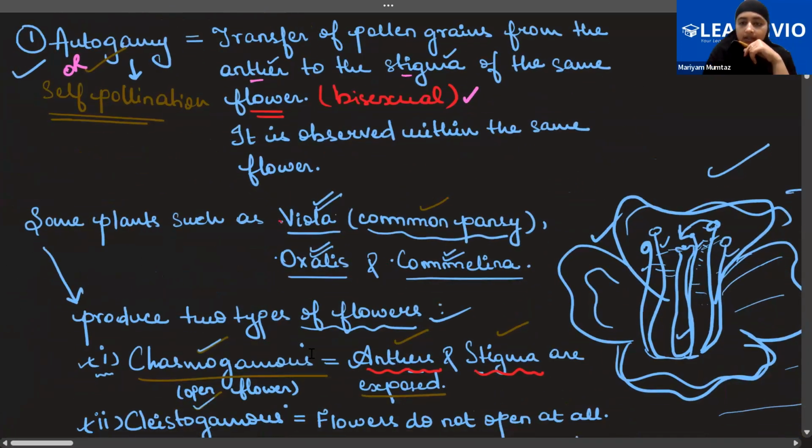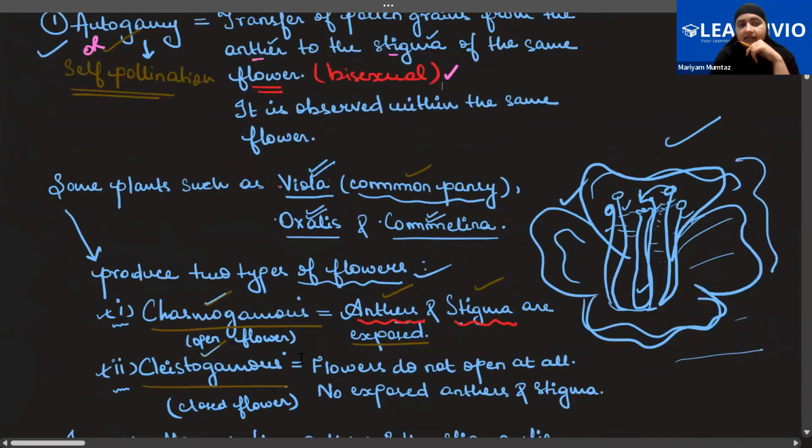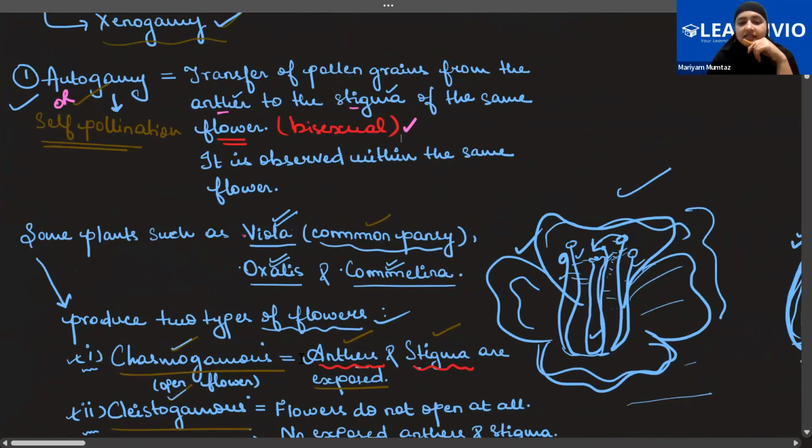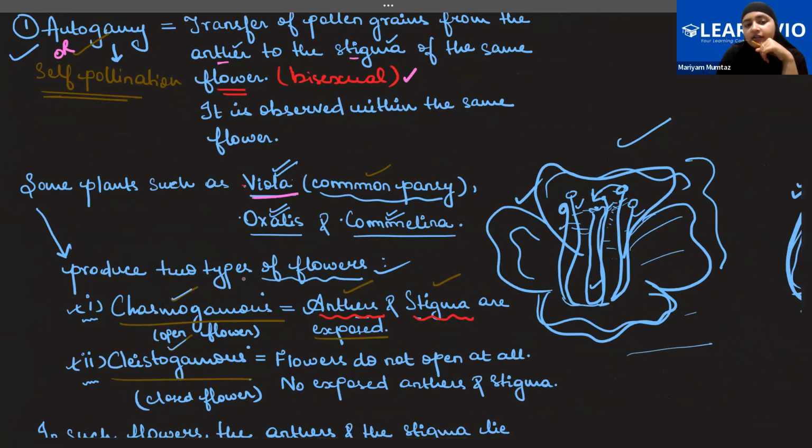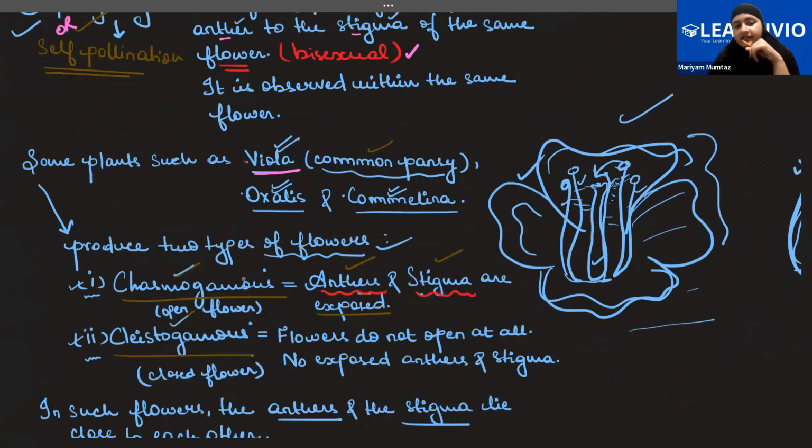Now, another thing to remember here is that there are actually two kinds of flowers depending upon whether they are exposed or not. Some plants such as viola, the common pansy, oxalis and commelina, have two types of flowers.